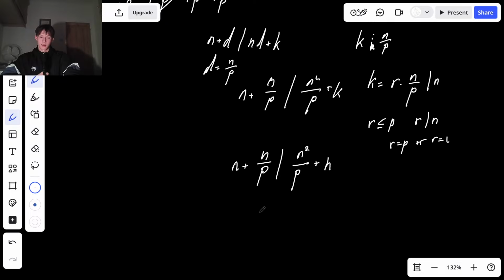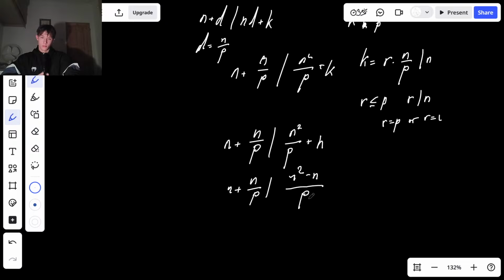If I take away this, and then take away this, I get n squared minus n over p, that's just n times n minus 1 over p. This is divisible by n over p, this is divisible by n over p, so let's divide everything by n over p. You'll get n minus 1 is divisible by 1 plus p.